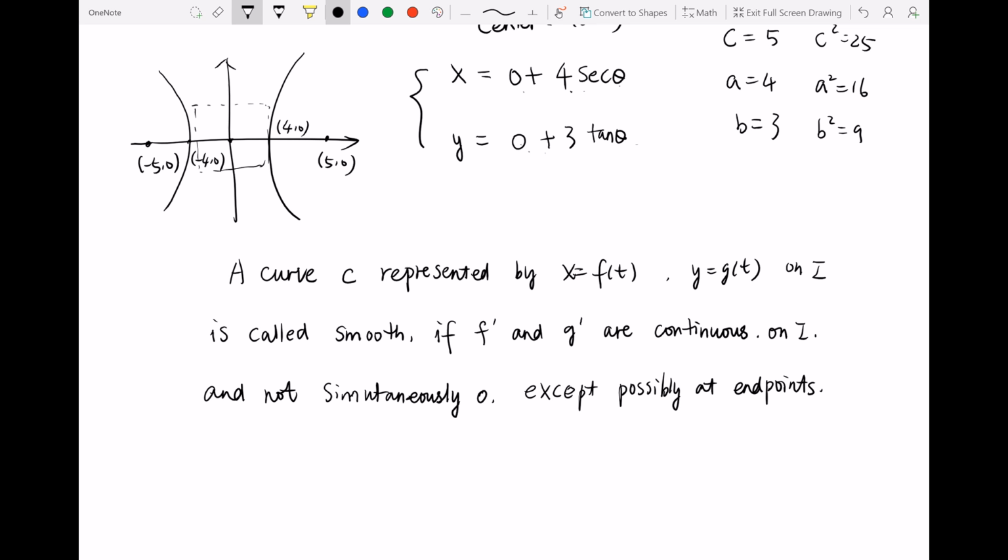Okay, so that's the definition of a smooth curve.